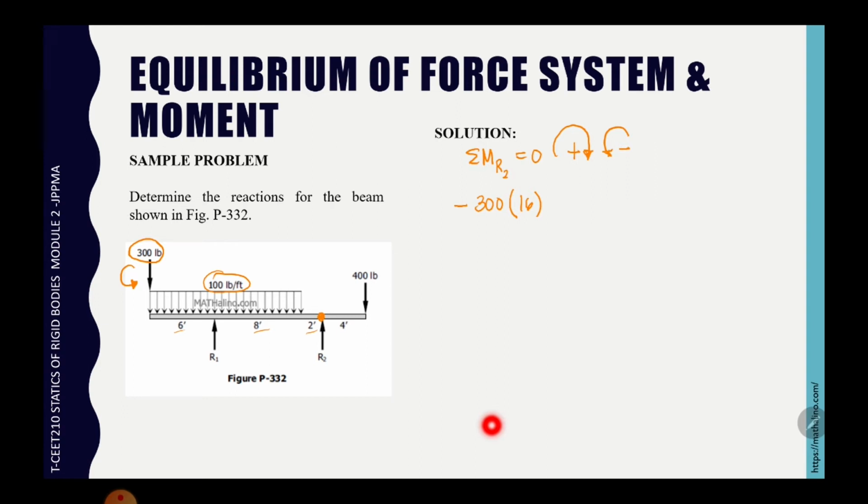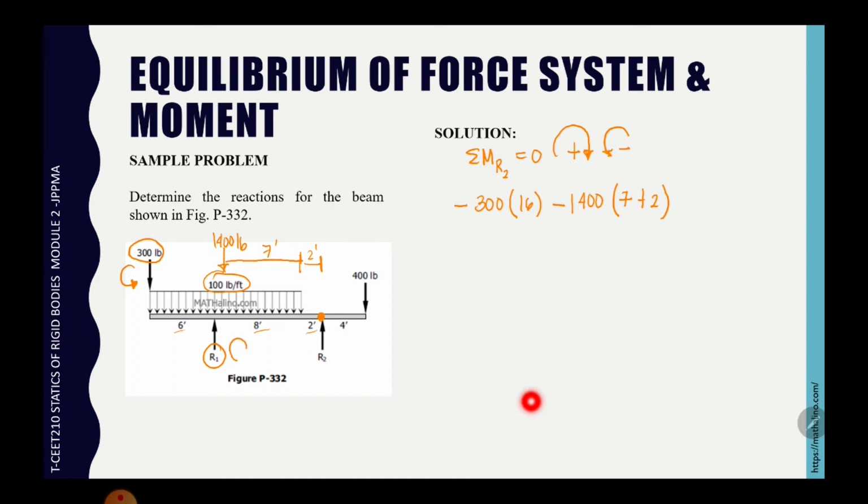Diba, na-compute natin kanina na this is 1,400 pounds. So, ganyan na yung kukompute natin. And this is 7 feet. So, ang direction niya is negative pa din kasi counterclockwise siya. So, 1,400 times 7 plus 2. Bakit 7 plus 2? Kasi may plus 2 pa dito papunta sa point.